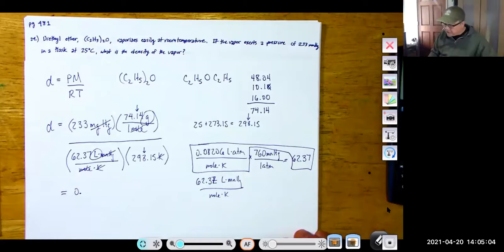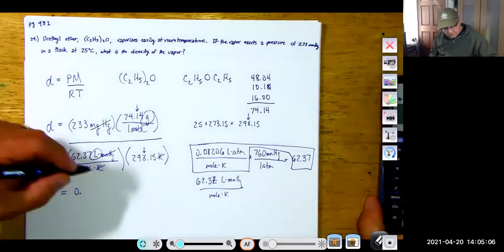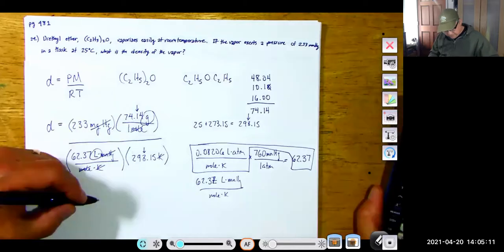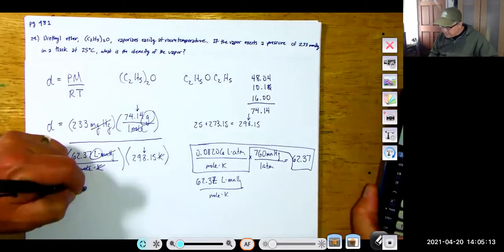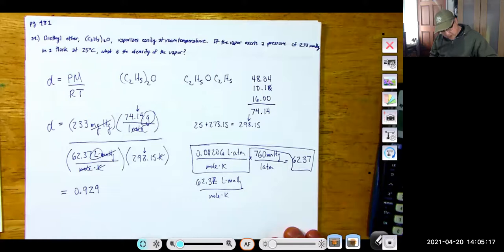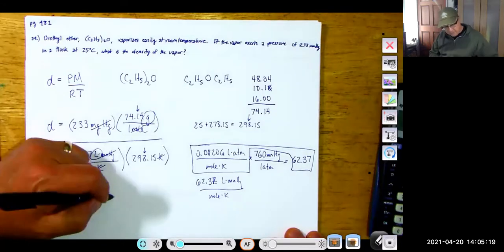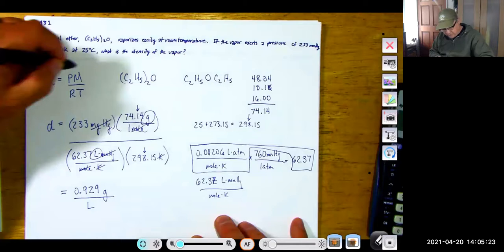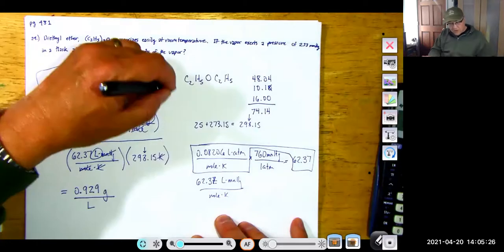Okay, so my answer here with 3 significant figures is 0.929 grams per liter. So this is the work I would expect to see.